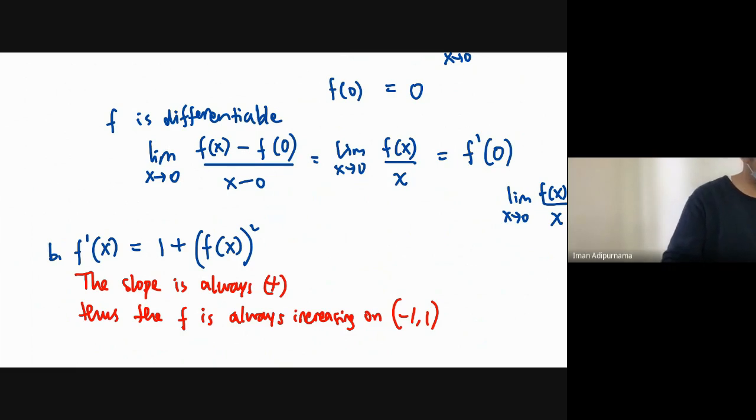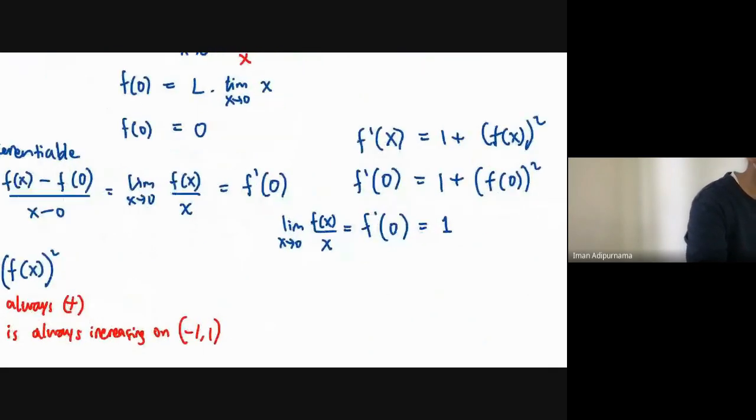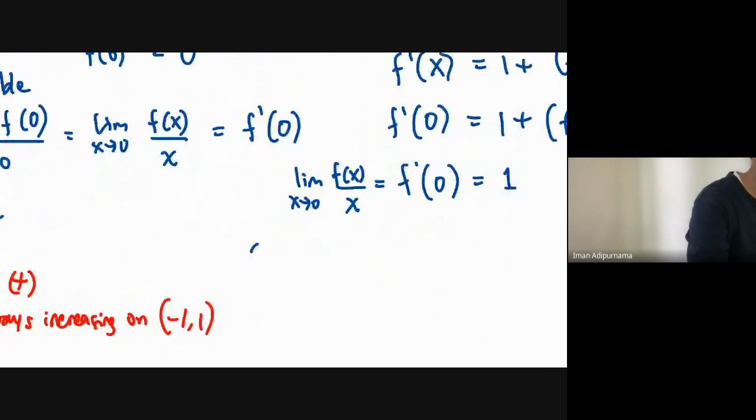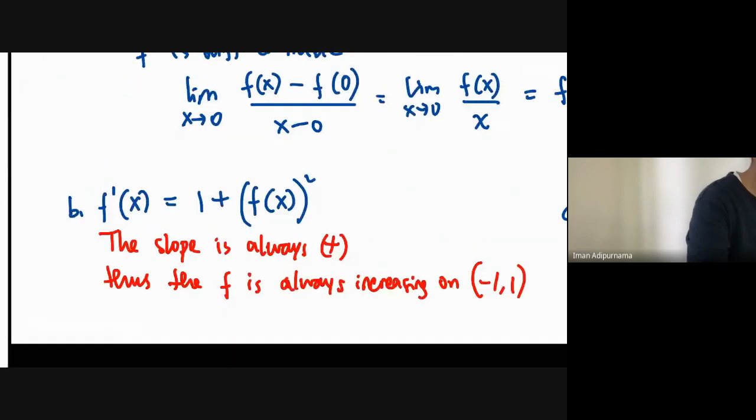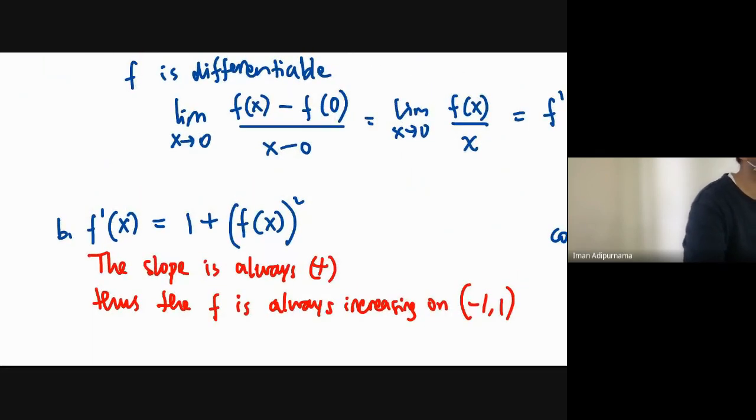Then it's also asking about the concavity. Concavity is the second derivative, using the f prime test. How do we get the concavity? We take the derivative of this f prime, and this becomes f double prime, and we may have some calculation over here.